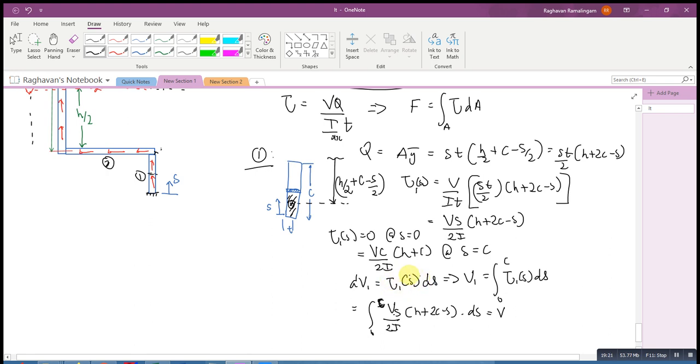Sorry, this is shear stress. So force is shear stress into area. If this is ds, this is t, so it will be t into ds. I forgot the t.